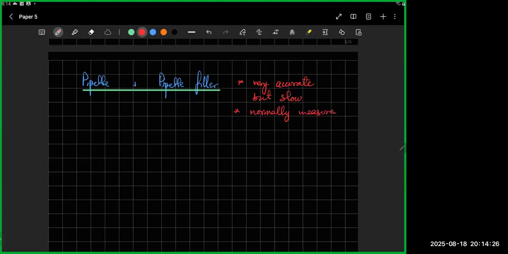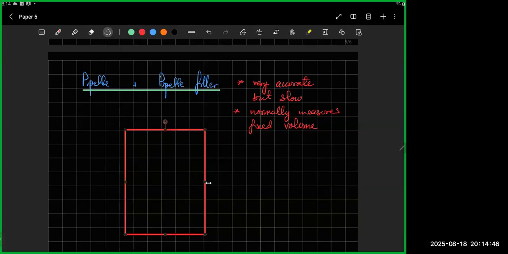There are pipettes which do measure variable volumes as well, but mostly in chemistry, it's this one. Let's draw it. It's a thin tube with a pipette filler at the end.